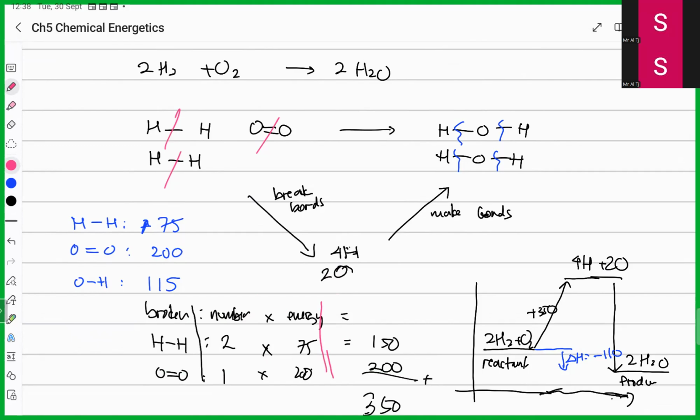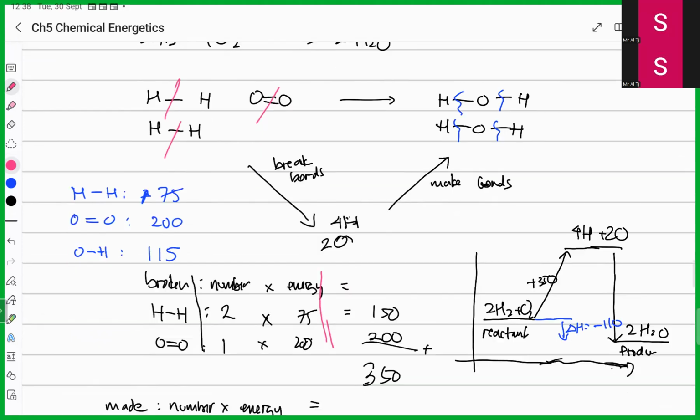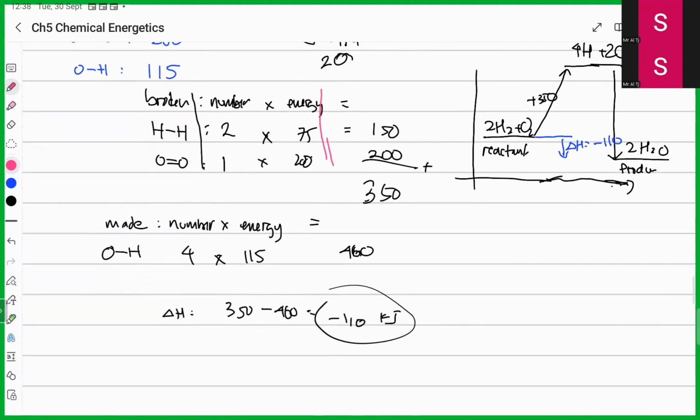That is why it's important to be able to make the line diagram in calculation of the bond enthalpy change. Afterwards, the total of that is the energy that we need to go up into the transition condition. Always going up.